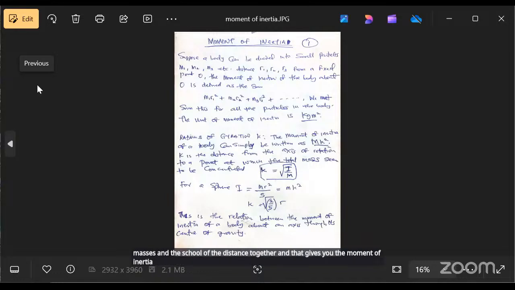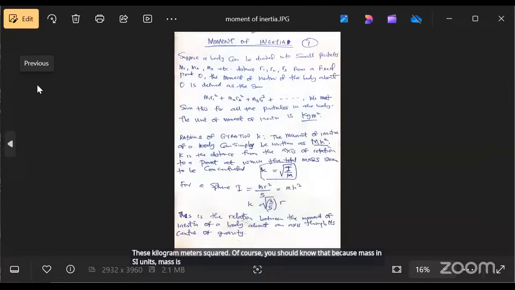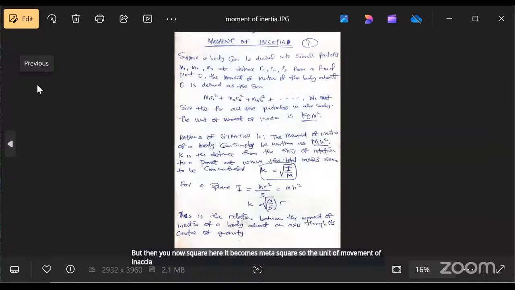Now, the unit of moment of inertia is kilogram meter squared. Of course, in SI units mass is in kilogram, R is in meter, and then you square it, so it becomes meter squared.